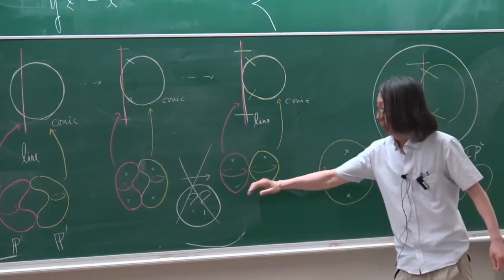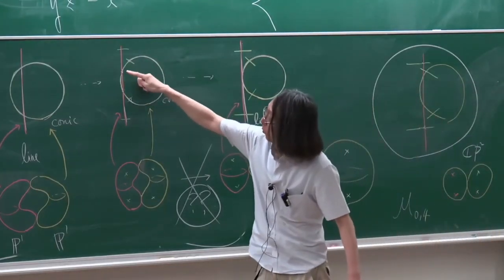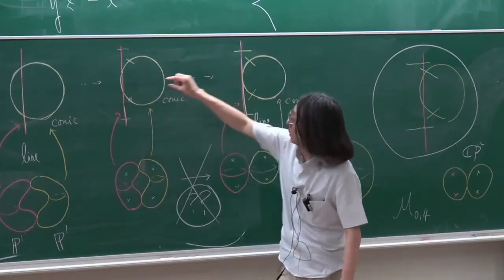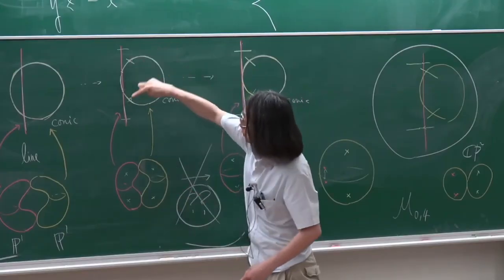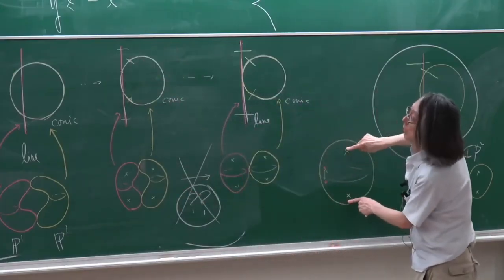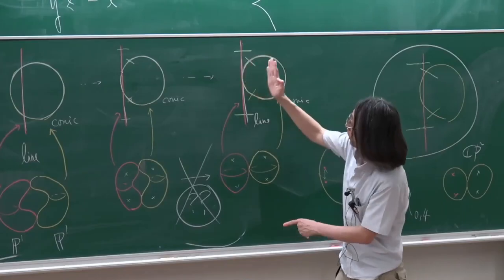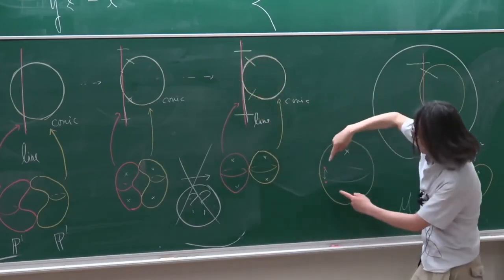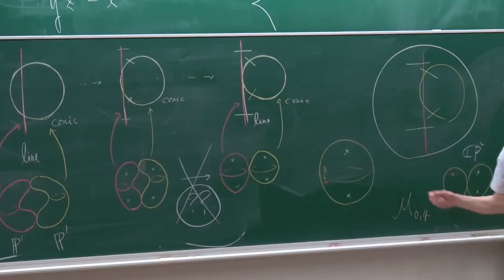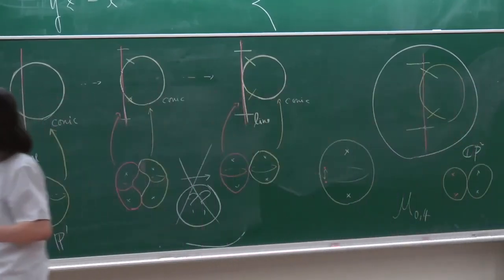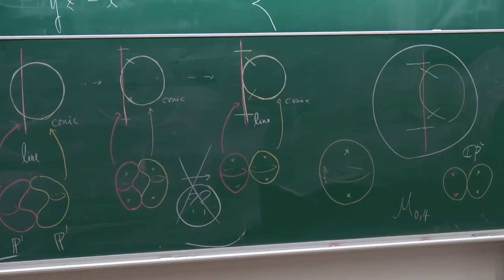So here actually I have 4 points, and then as n tends to infinity, this yellow one is fixed. So therefore, these 2 points maybe I just fixed here. But if this red one is getting close to the tangent line, then these 2 points are getting closer and closer, and then they coincide. But for stable curves, the mark points should be distinct.